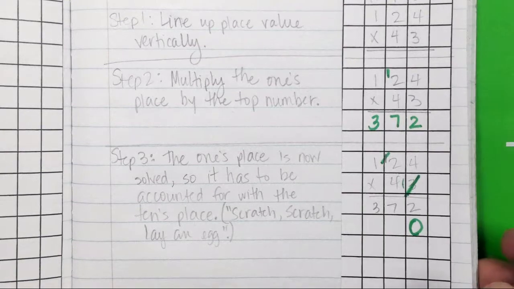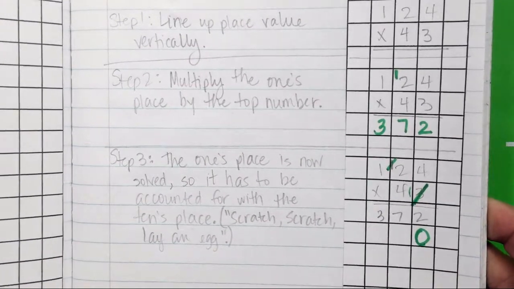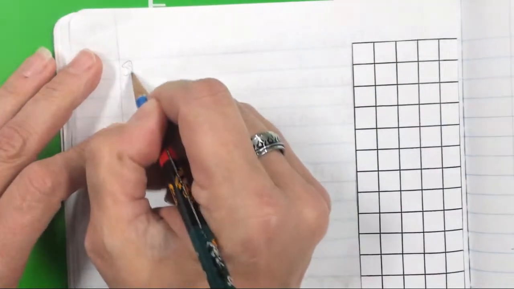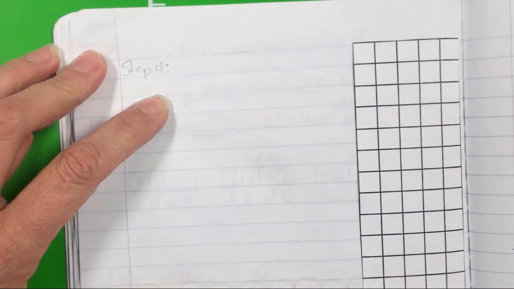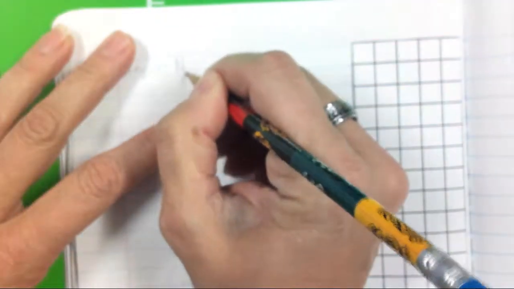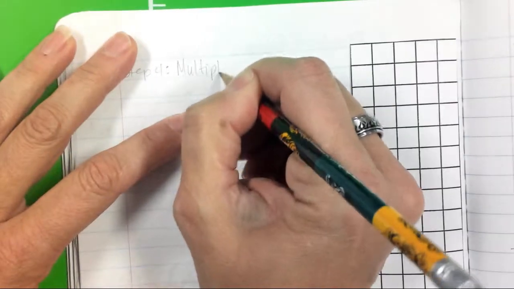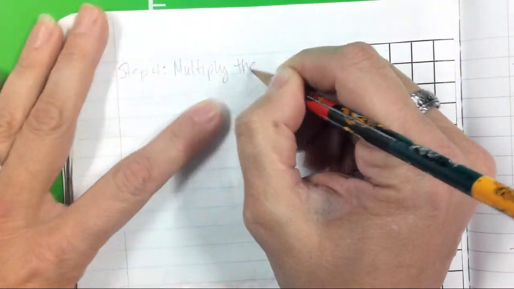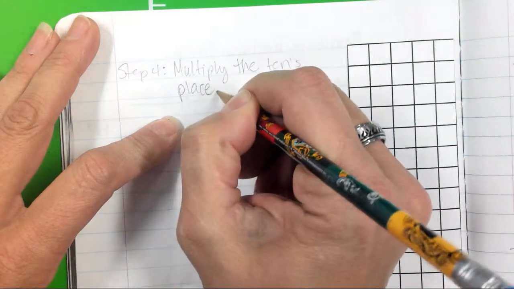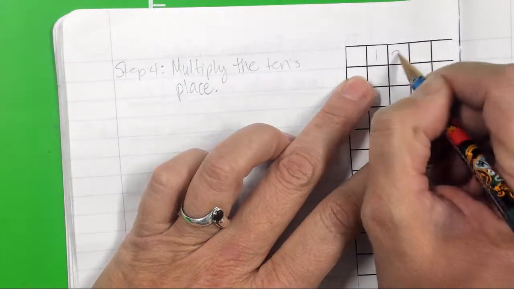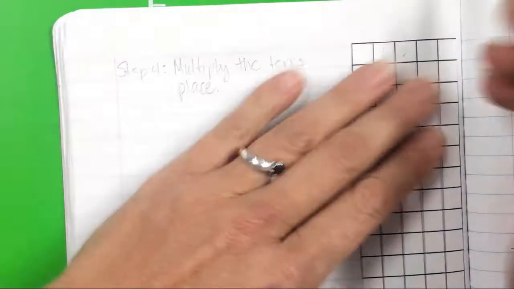Okay. So they're going to have to pause that because we're going to have to move over to the next paper. Step 4. We're going to multiply the tens place. Remember, hundreds, tens, ones.